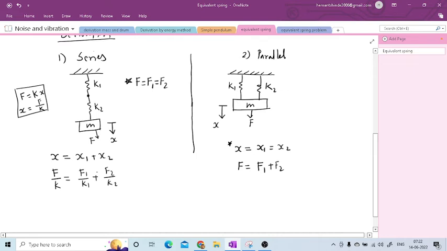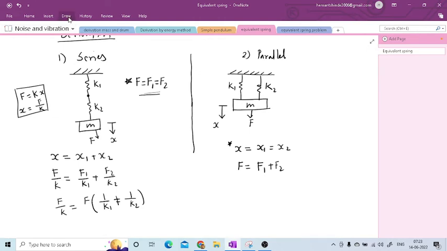Now, as we have seen, in series combination all the forces are the same. So F is equal to F1 is equal to F2. From this I can write, I'll take F common, because F1 is equal to F2, so X equals F times (1 divided by K1 plus 1 divided by K2).